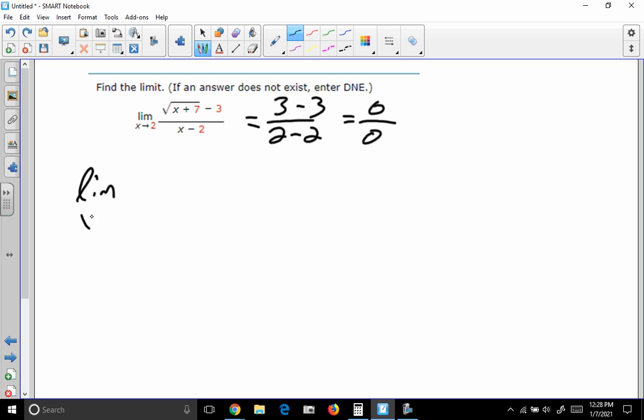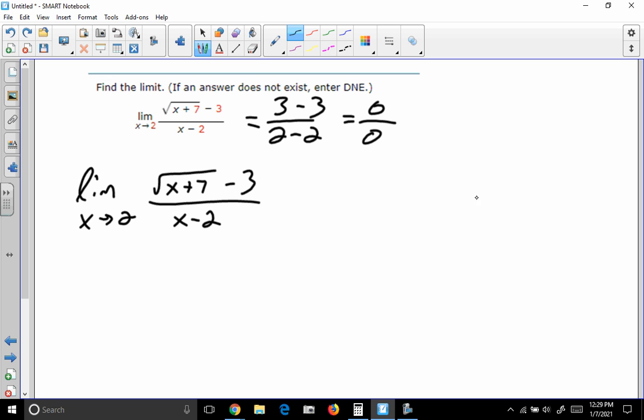So if we have one such that we have a square root in it and it's indeterminate, there's a little trick that we learned in algebra, and we didn't really use it that much. But it's for rationalizing denominators.